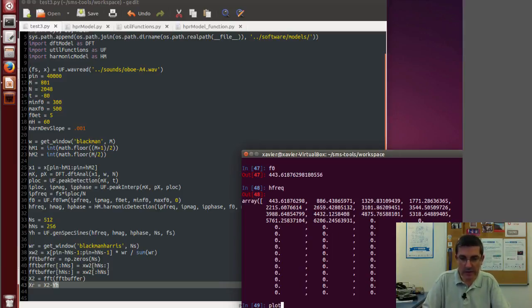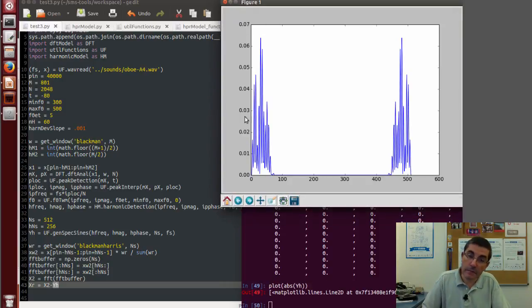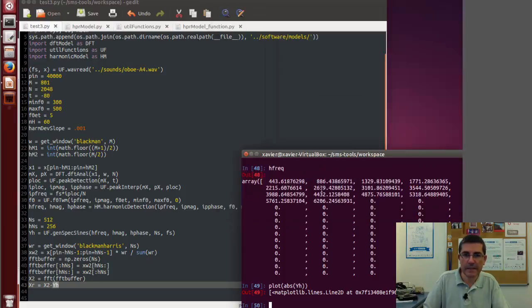So if we plot the absolute value of YH, we're going to see the magnitude of the complete spectrum. But let's plot it just in dB.